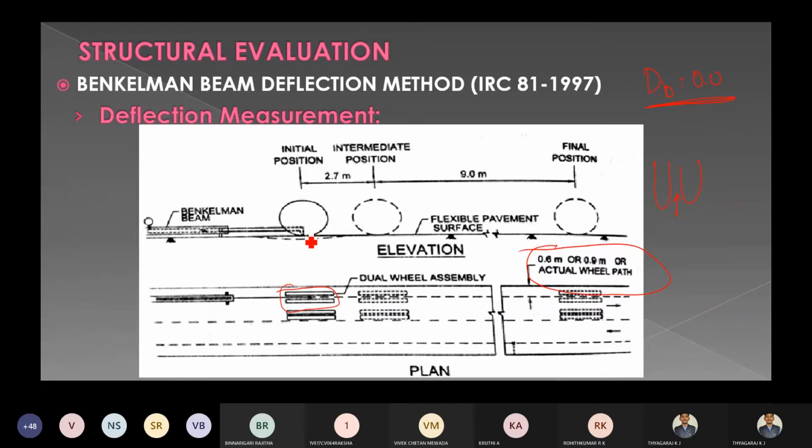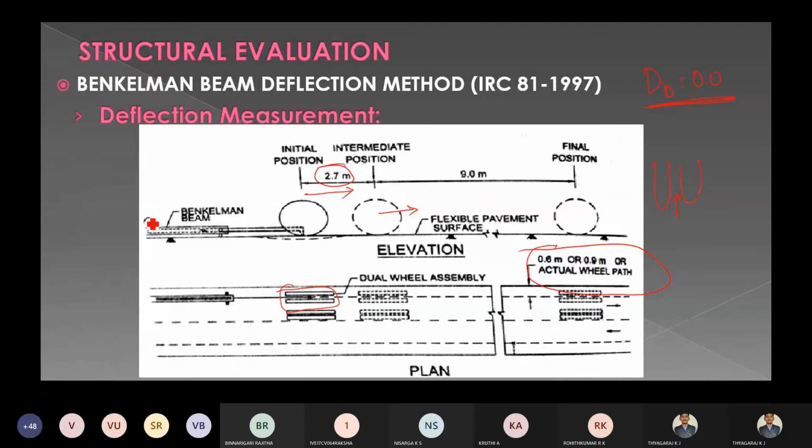Then after noting down the initial reading, the vehicle is allowed to move to a distance of 2.7 meter. The beam will be at the same position, but the vehicle will be moving to a distance of 2.7 meter.